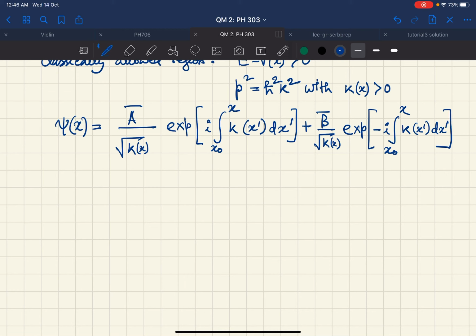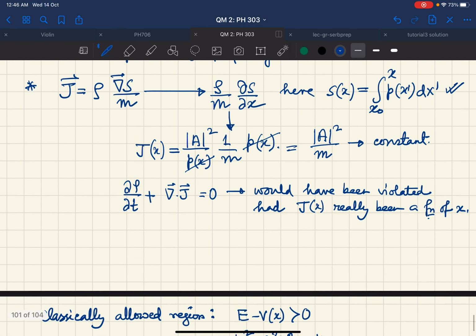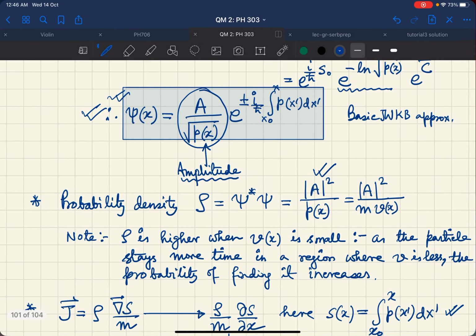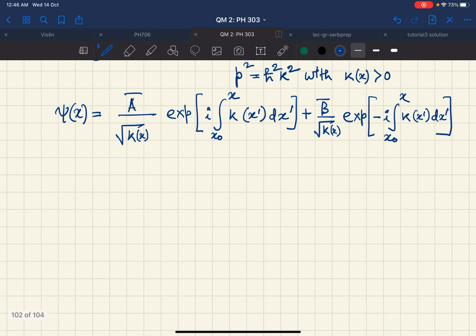So this a bar and b bar are basically constants, and this includes that 1 by square root h bar factor also, because if you remember, here we had square root p, so I would have 1 by square root h bar k, but that h bar is being absorbed in this constant a bar.